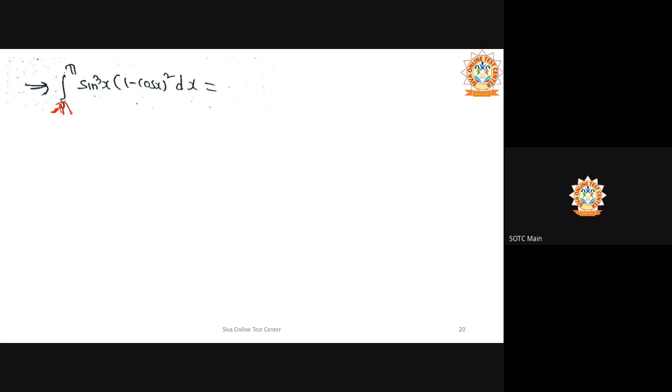Minus pi to plus pi. Now check whether this function is an even function or an odd function. Odd function. Sin cube x is odd. What about the other function, whether it is even or odd? Even function. So even into odd will become odd only. Your answer is 0.